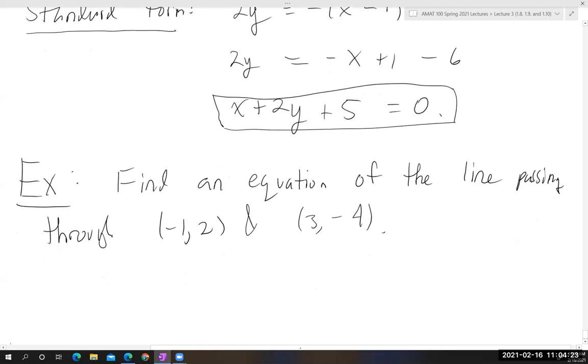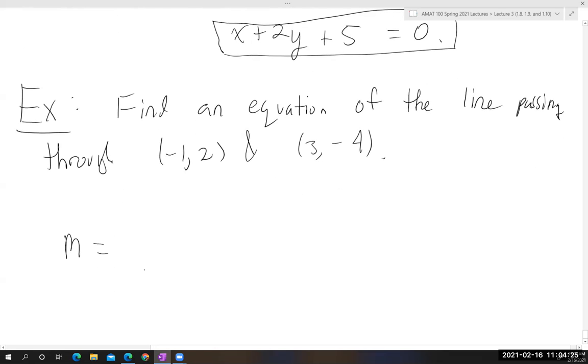Well, to do this, you just first get the slope. So I could say that this is x1, y1, and this is x2, y2. It doesn't matter. I could have labeled these the opposite way, just so long as I'm consistent with my labeling.